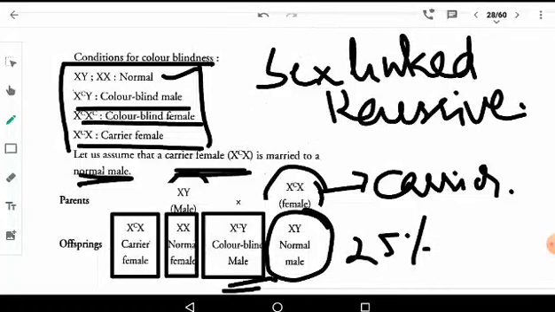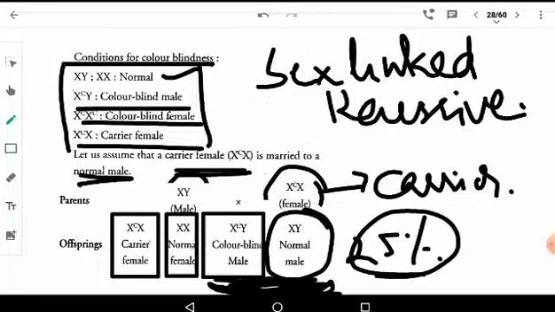Now, if we get a question, what is the probability that a male child is affected? Then it is going to be 50% of the male child, because this is the complete male childs, right? These are the different possibilities for male child. In that, half is going to be affected. So if they are asking what is the probability that male childs are going to be affected, it is going to be 50%. And if they're asking what is the probability that a child is affected, it is going to be this 25%.